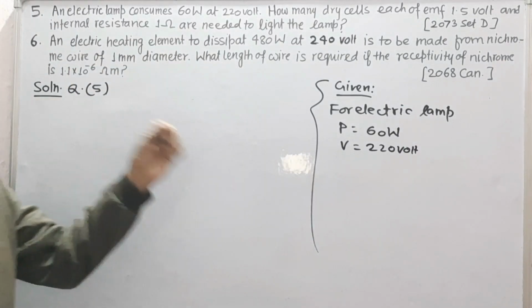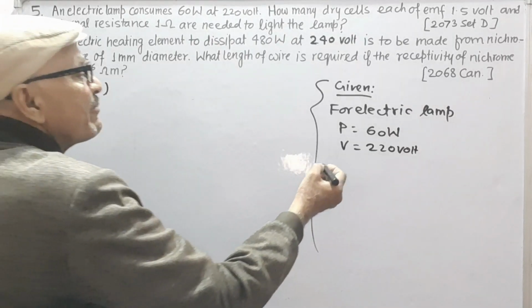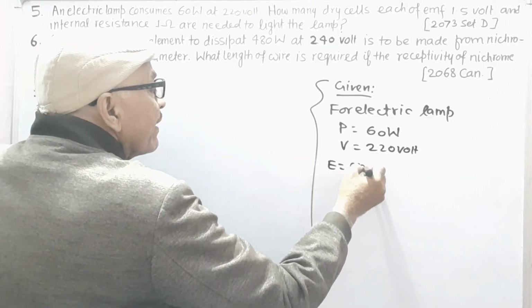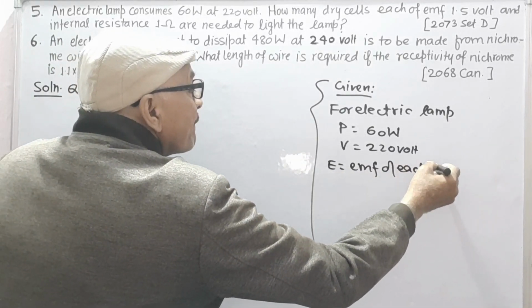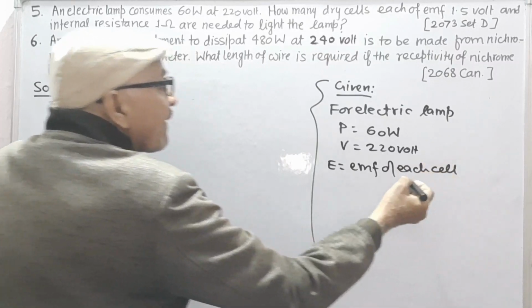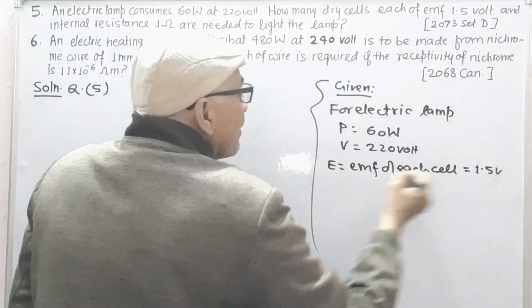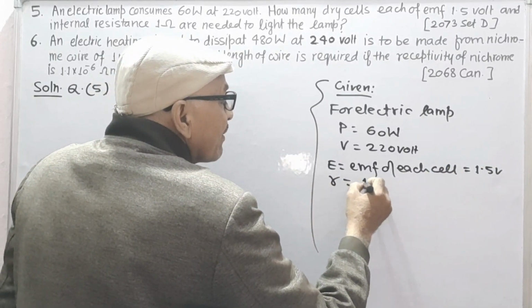In order to light this lamp with dry cells, the EMF of each cell is 1.5 volt and r is the internal resistance of each cell, 1 ohm.